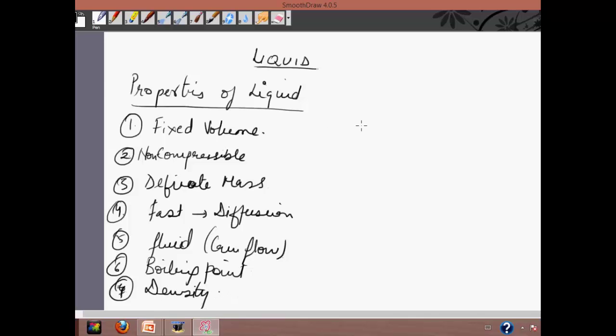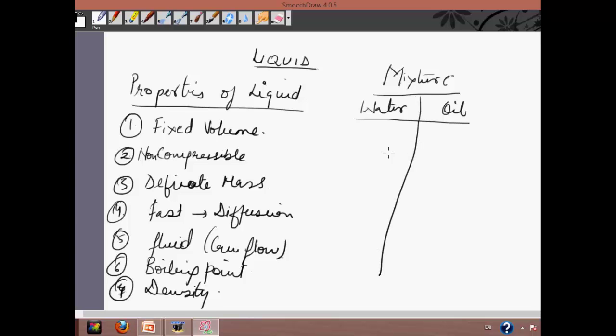So friends, if I'm talking about mixtures, let's suppose we are talking about two liquids, water and oil. Let's compare the properties of both and understand if we can separate them. They have a fixed volume, yes, both do.